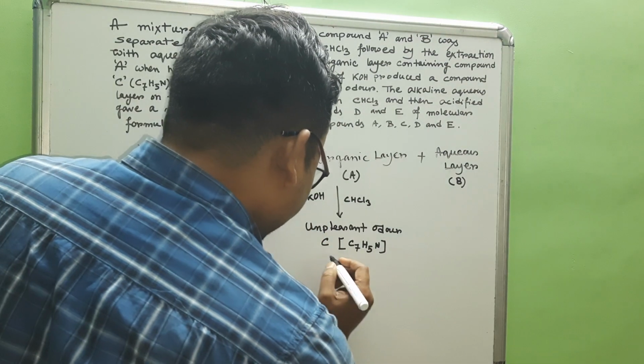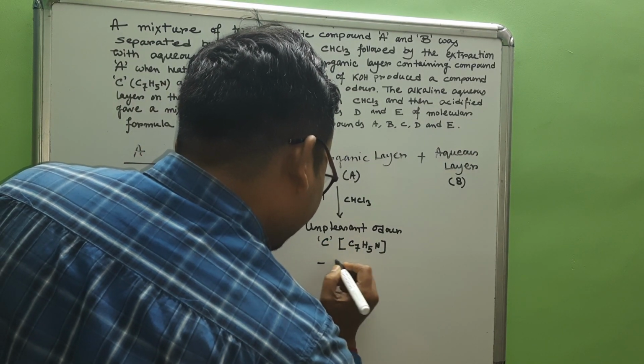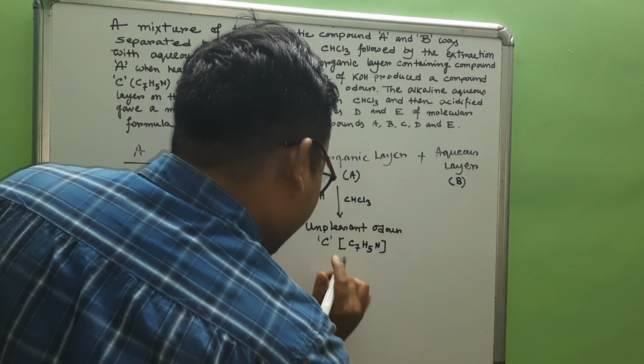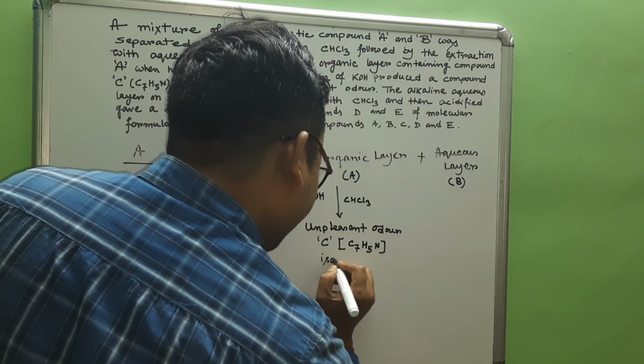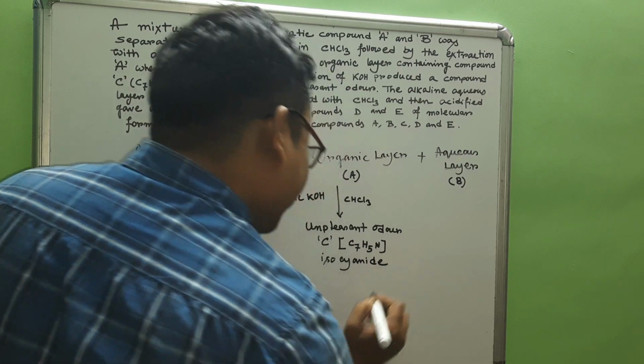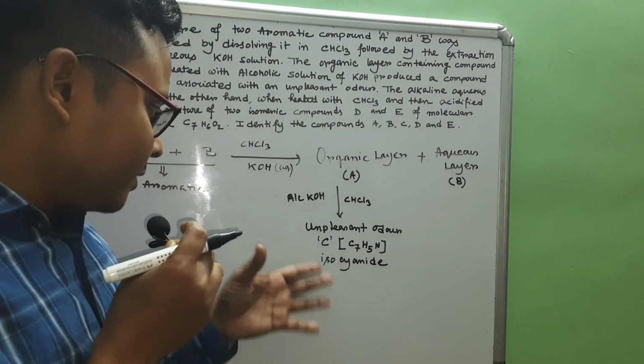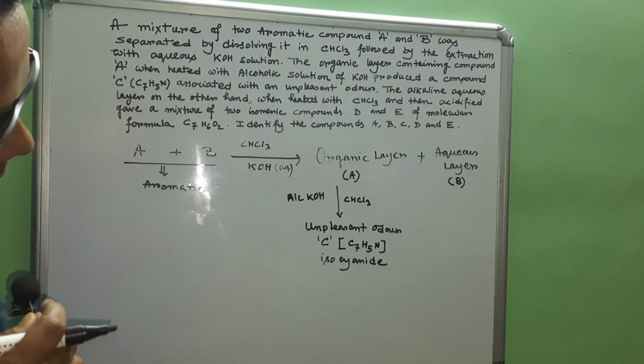What we understand is C must be an isocyanide.